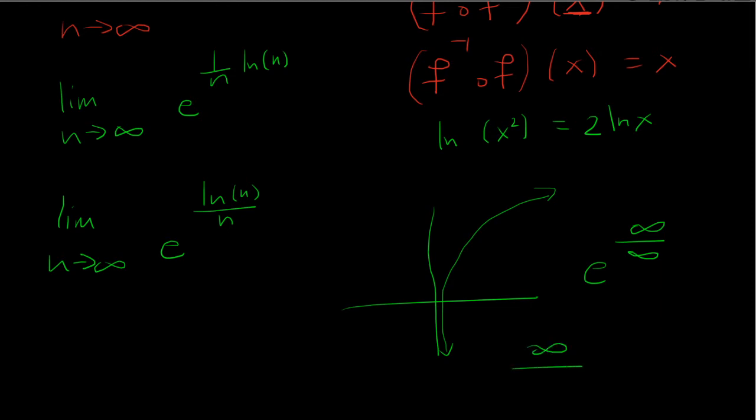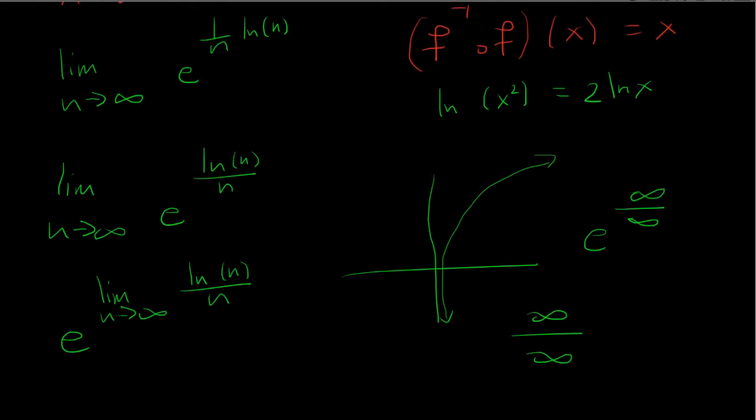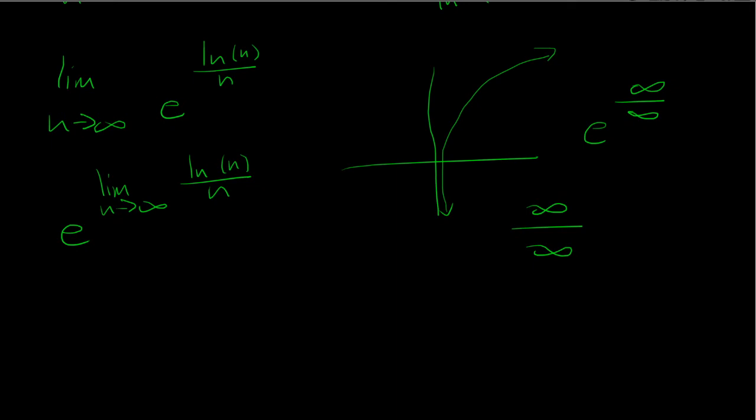I want to have only infinity over infinity. So I need to get rid of this e. What I'm going to do is bring the e down, and then put the limit as part of the exponent. So it'll be the limit as n approaches infinity of natural log n over n. Now, the limit is infinity over infinity, so I'm going to apply L'Hopital's rule.